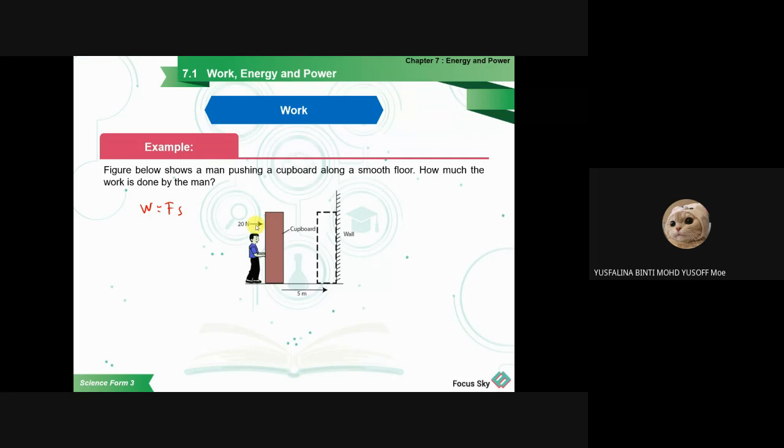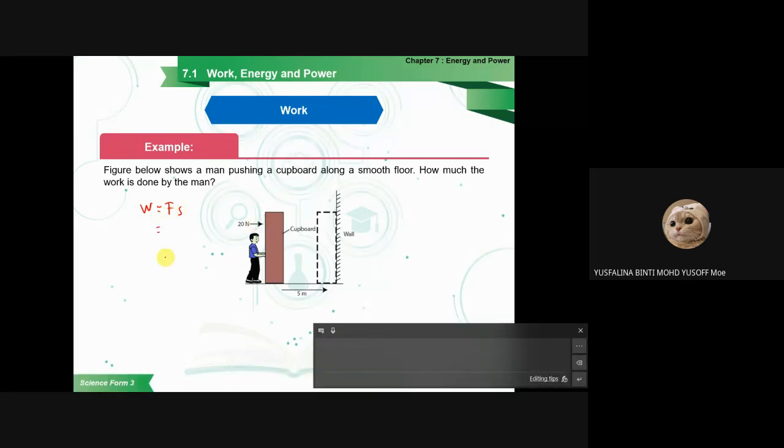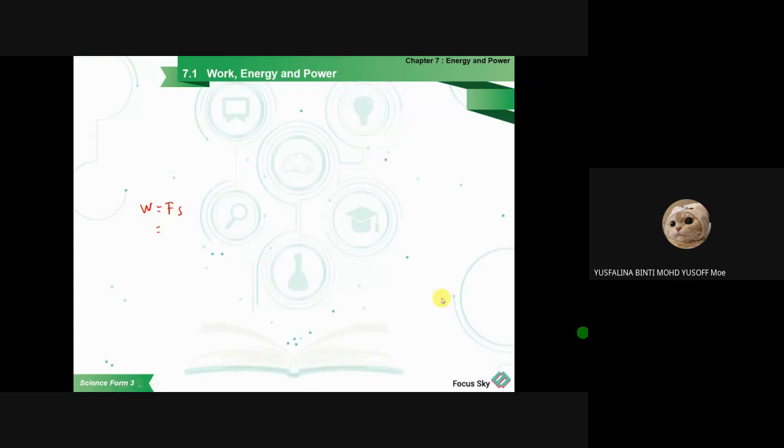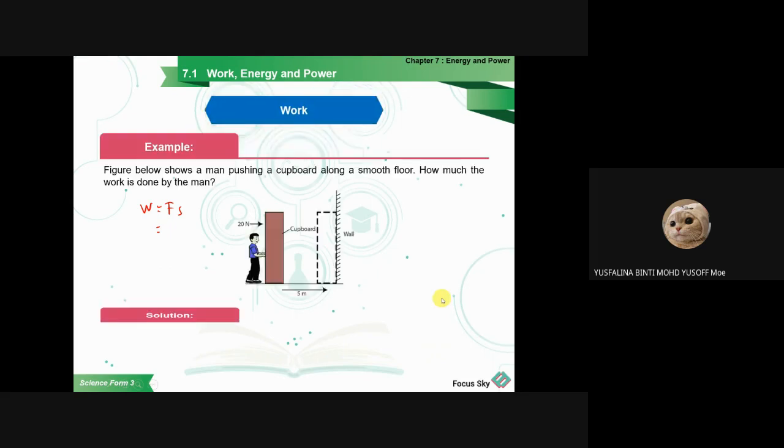So what is the answer for this one? The force is what, and what is the distance here? Okay, so this is the formula.